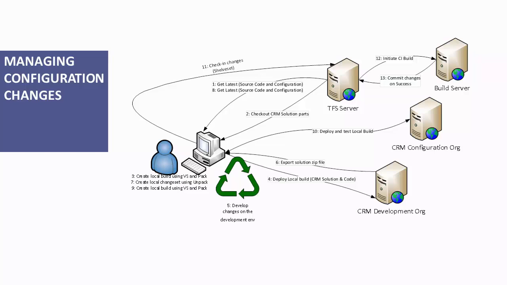They then get the solution file, run the solution packager, and get it into a folder structure where they can check everything in. They can then do a get latest and deploy it to the CRM development org, and do their development cycle until they have something credible enough to release. Then they can check it back in, and from there we could have an initiated build, which goes on to a build server.